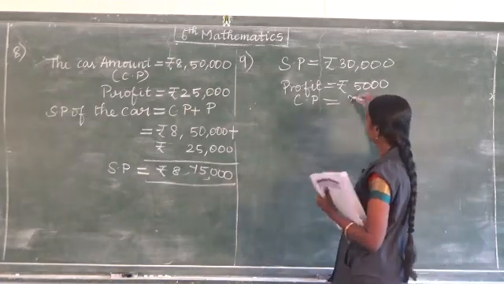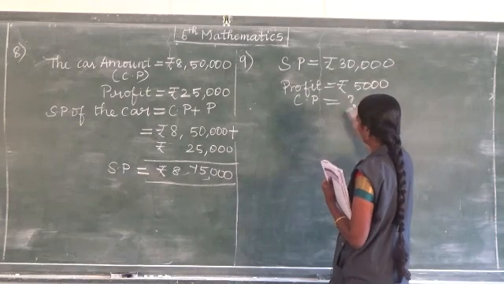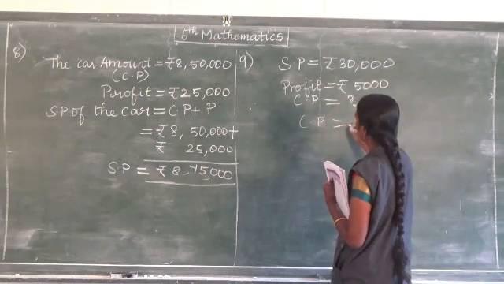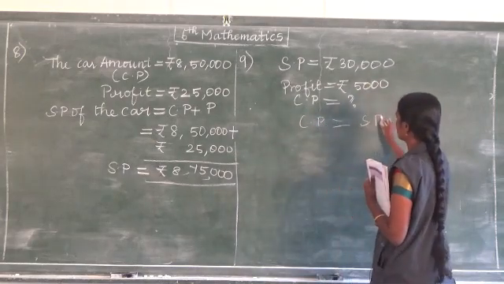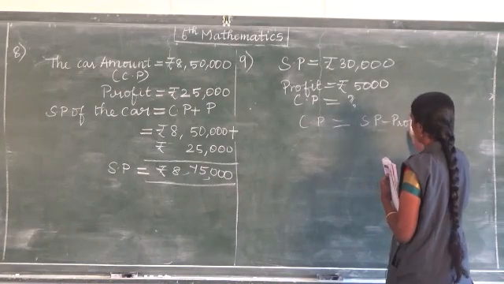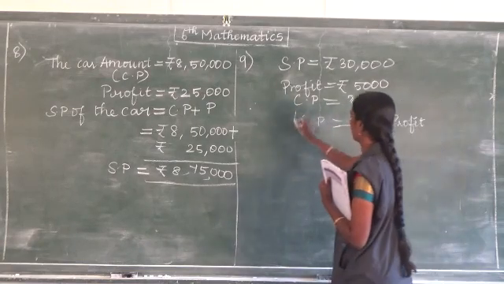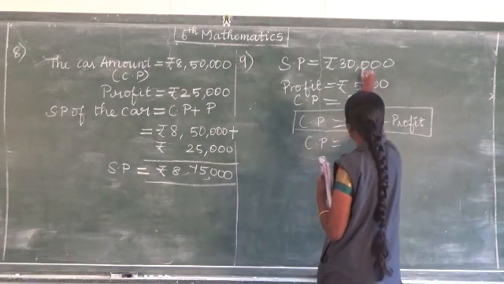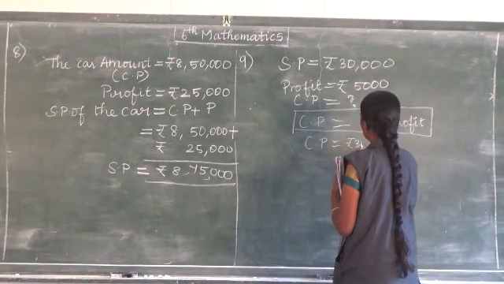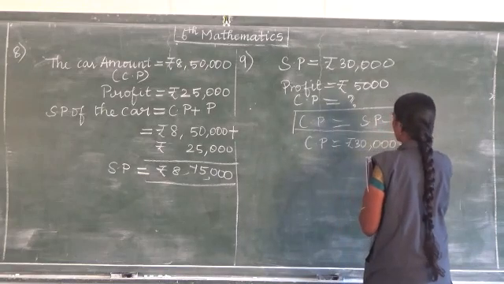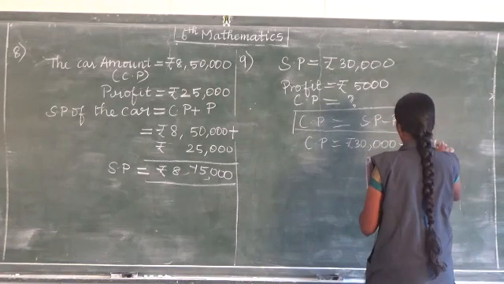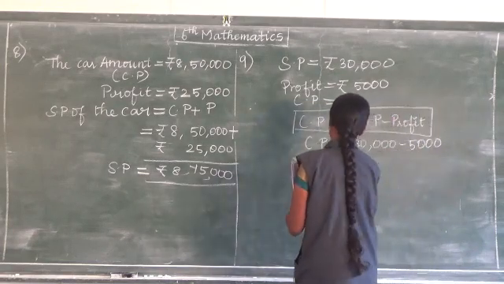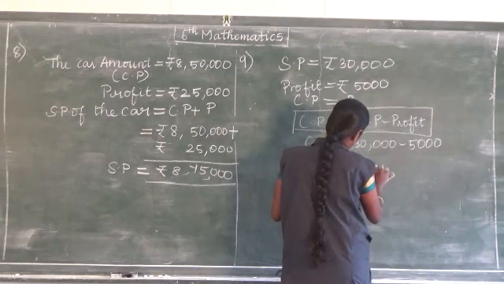So cost price, before cost price we are going to find out. The formula is selling price minus profit. Selling price is 30,000. The profit is 5,000. 30 minus 5 is 25,000.